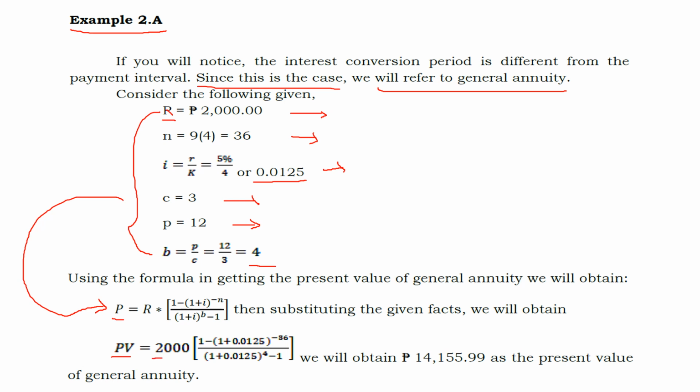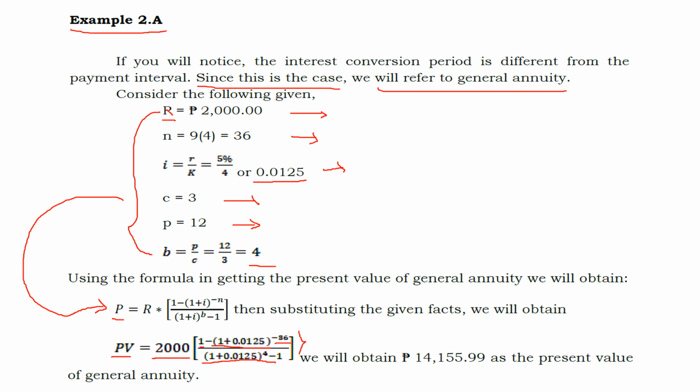The typographical error is here. So if we substitute, that will be 2,000 pesos multiplied by 1 minus 1 plus 0.0125 raised to 36, because there are 4 quarters in a year, multiplied by 9, that is 36, all over 1 plus 0.0125 raised to 4 minus 1.